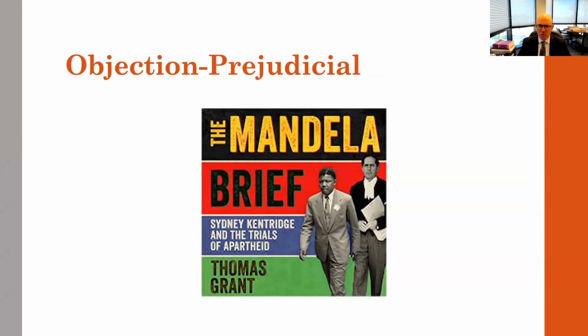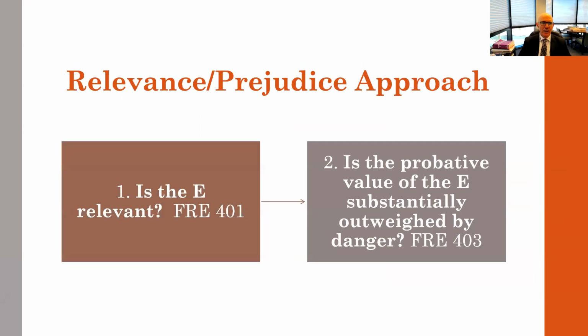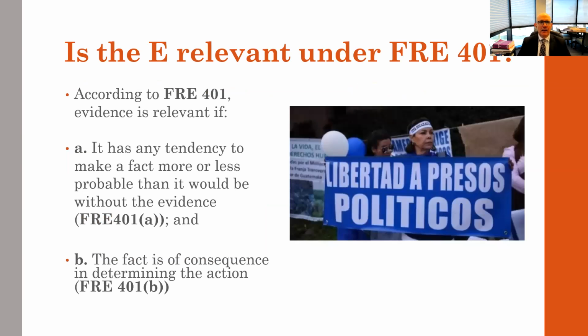As far as a prejudicial objection, of course, you look at whether the evidence is relevant, and then you look at whether that relevance is substantially outweighed by danger under Federal Rule of Evidence 403. If it is, the evidence should be excluded. As far as whether something is relevant or not, unfortunately, the rule very much favors the prosecution. The threshold of relevancy is very low.